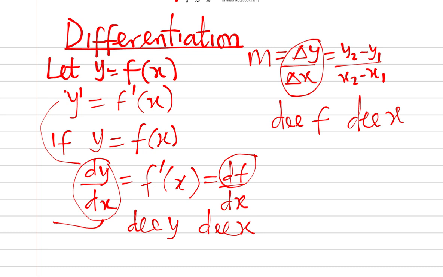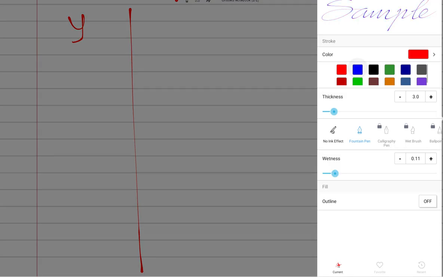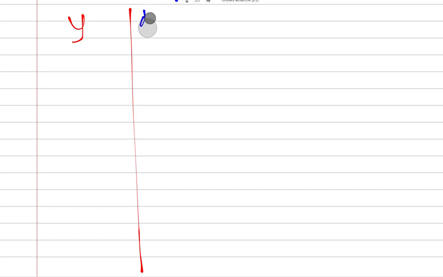All right. So now let's see the basic differentiation technique. If you have y here and the derivative here, dy dx.